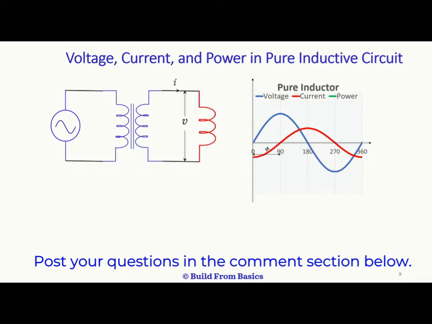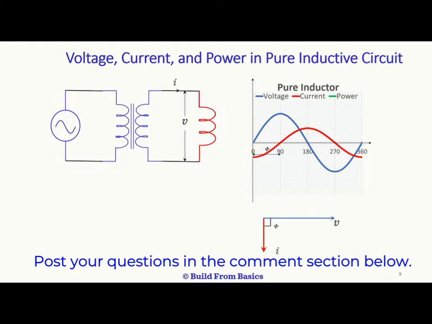Therefore, current through the inductor cannot follow the voltage across it and it always lags behind it. Therefore, if the inductor is pure, the current lags behind the voltage by 90 degrees. So because of this back EMF and self-inductance, the current cannot follow the voltage and it lags behind the voltage by 90 degrees.